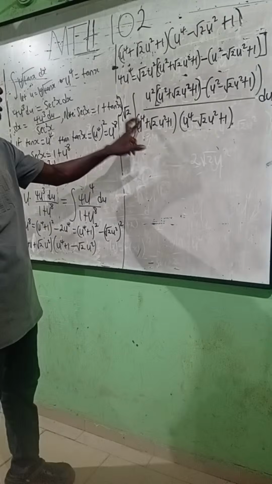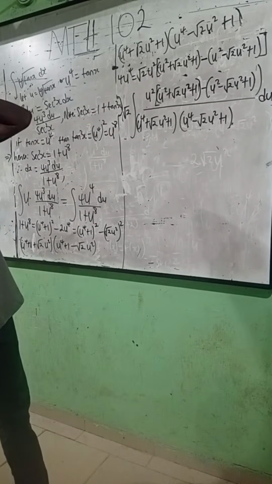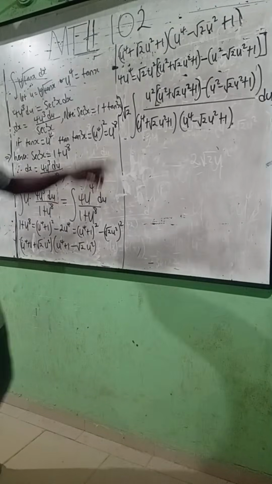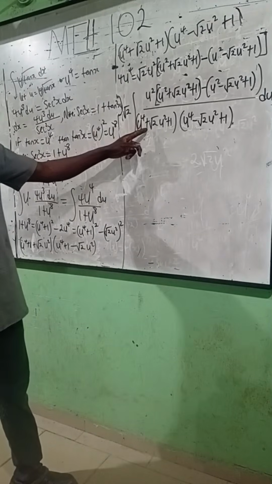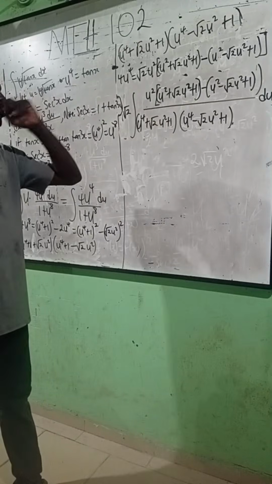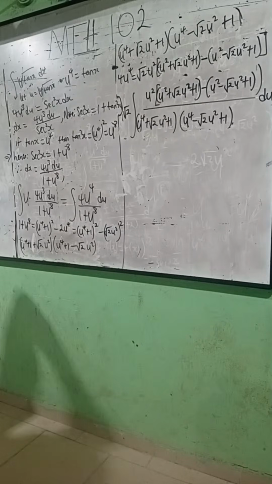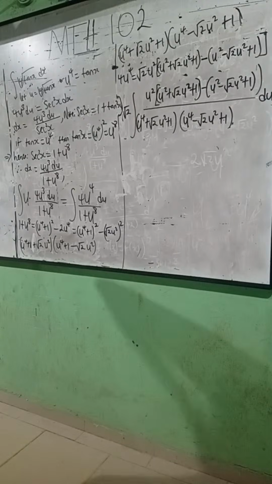I need to eradicate this 4. Okay, divide by u^2. This one goes, this one goes. Now I have 1 over u^2. They are equal like that, but something is missing. Something has to cancel out.